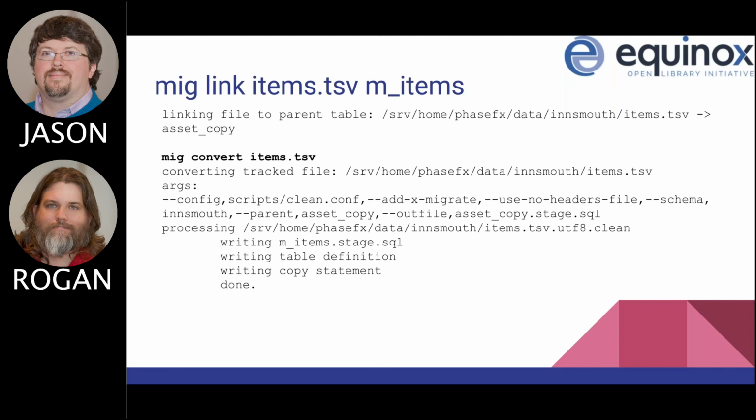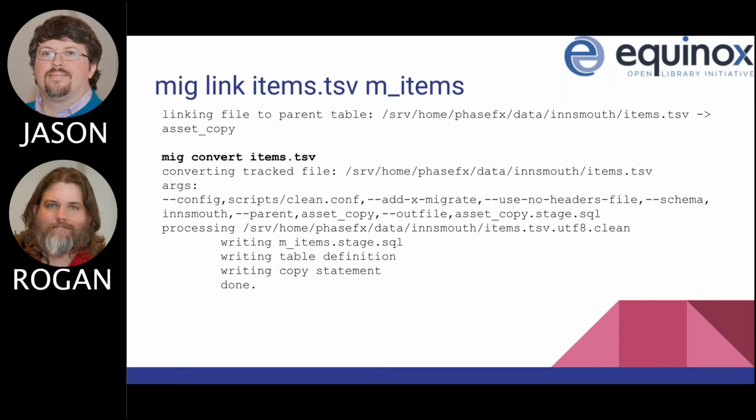But with MIG link, you can tell MIG, hey, this file is supposed to be associated with this table. So what MIG is going to do is go through that list of headers, whether they're in a separate file or on the first row. It is going to remove spaces, put an L in front of them, and use those as definitions to add on to the M items table.